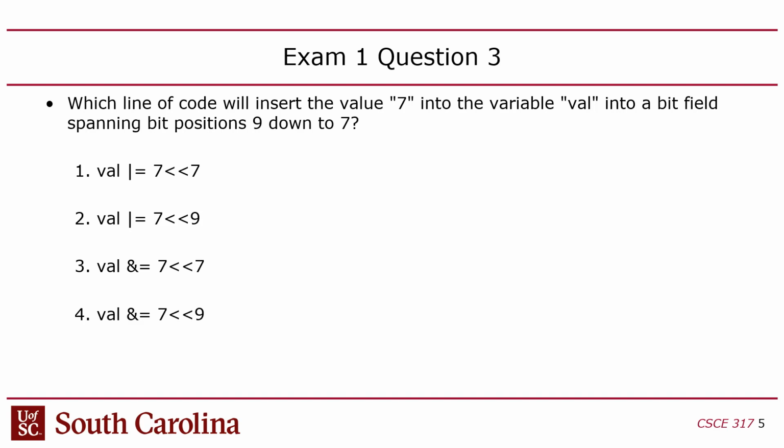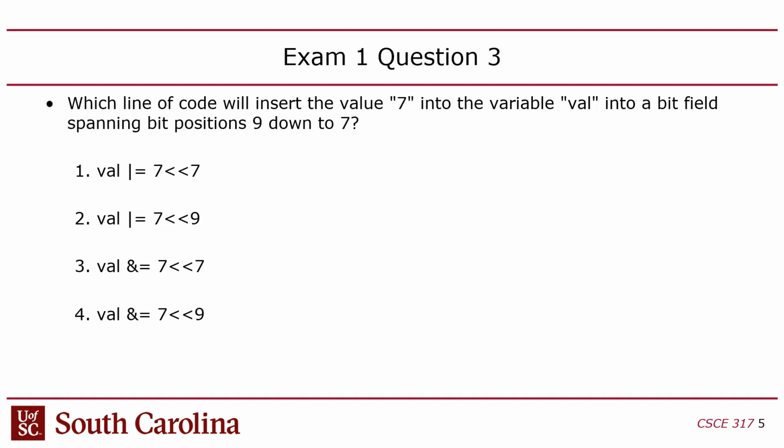So there are 4 choices. The first 2 take val and do a bitwise OR with itself, and the second 2 take val and do a bitwise AND with itself.